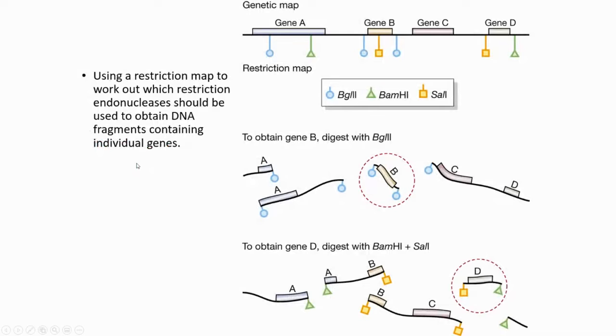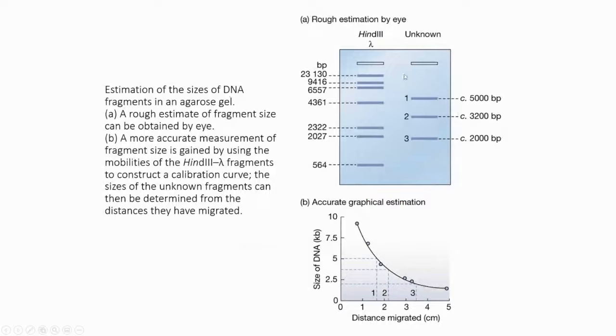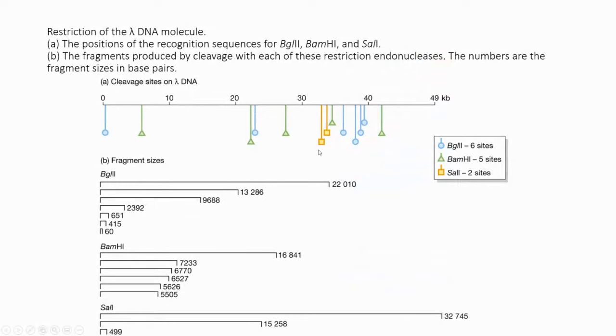Now this is an example. For example, use a restriction map to work out the restriction endonuclease needed to obtain the DNA containing a specific gene. That's one application: use the enzyme to cut and get the specific gene that you want. Another is to determine an unknown DNA sequence using restriction mapping.